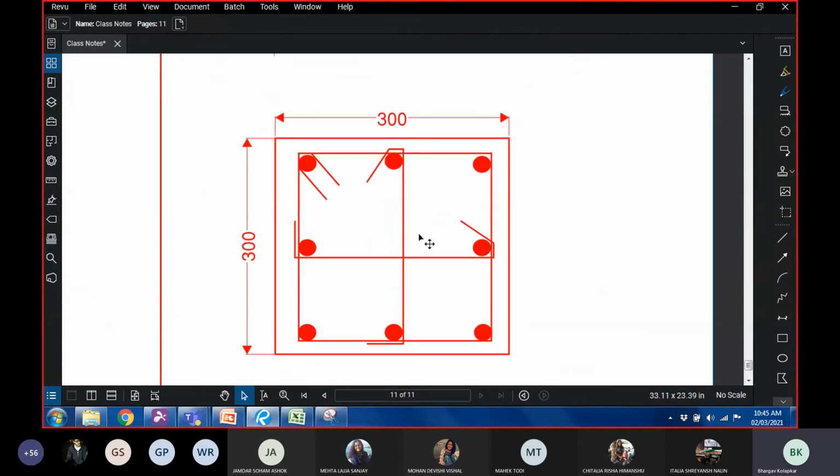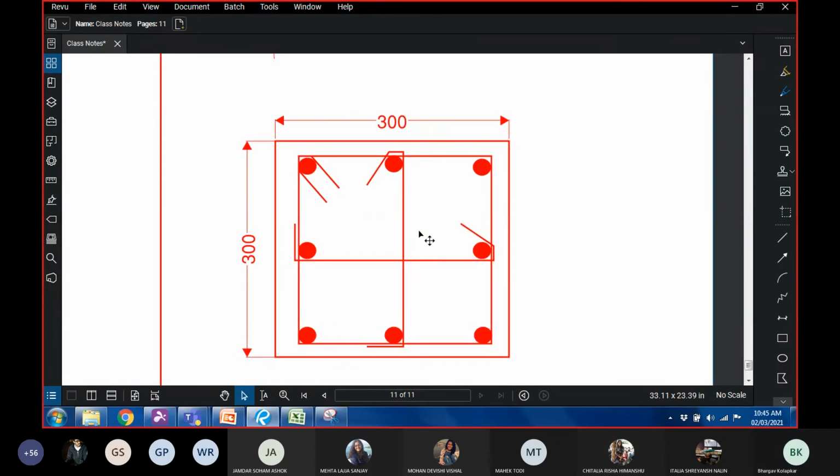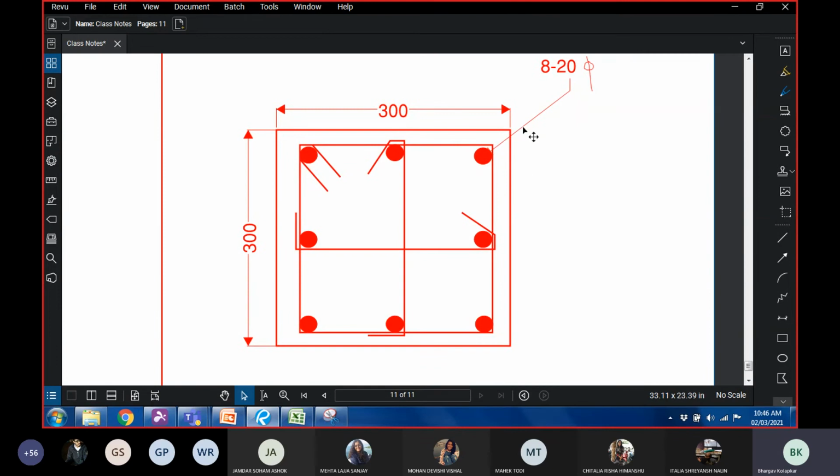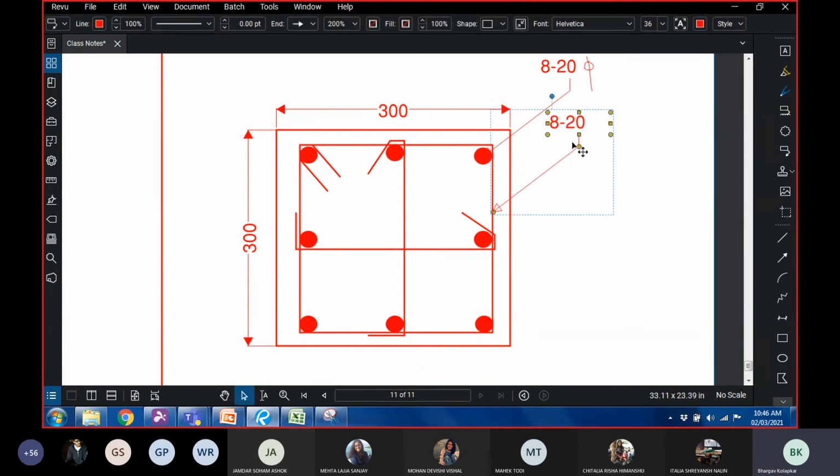Okay, so what other information is remaining? First is about the reinforcement. So what we have provided is 8 bars of 20 diameter, and next information is that we have provided ties which are 6 diameter at 300 mm center to center.